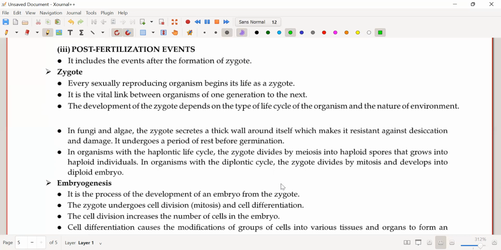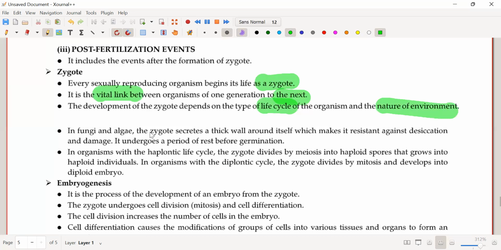Post-fertilization includes events after the formation of the zygote. What is a zygote? Every sexually reproducing organism begins its life as a zygote. It is the vital link between organisms of one generation and the next. The development of the zygote depends on the type of life cycle of the organism and the nature of the environment.